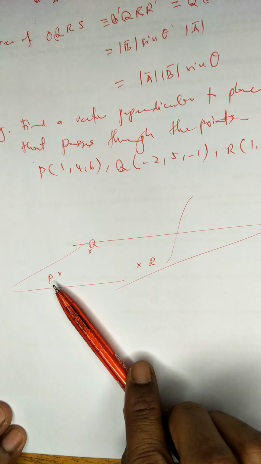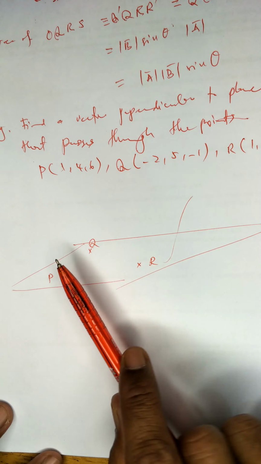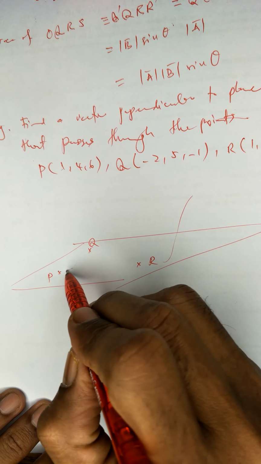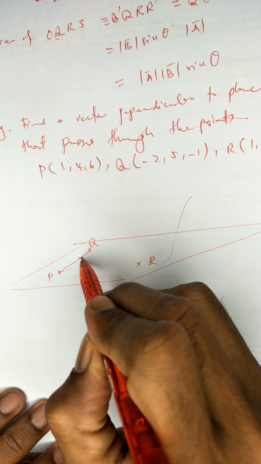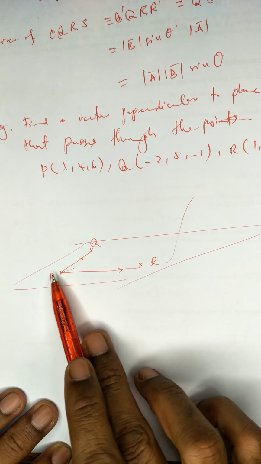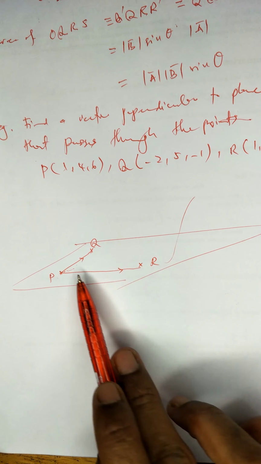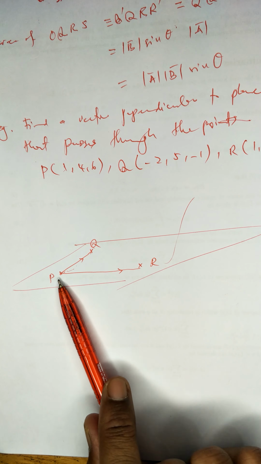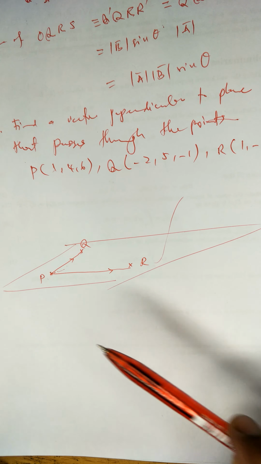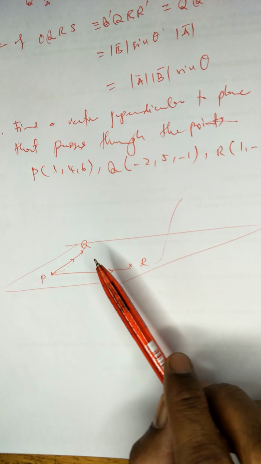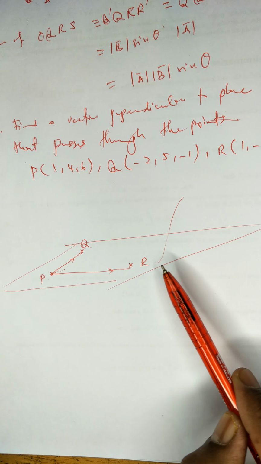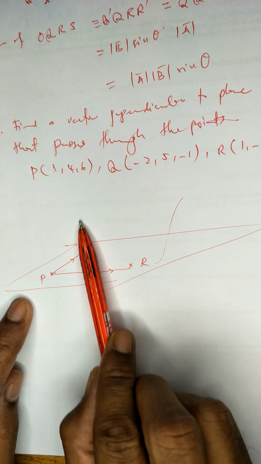From these three points, you are given those three points. Of course, we can form a vector PQ. You can form a vector PR. So having obtained these two vectors, we can just cross these two vectors. We can find the vector that is perpendicular to that. You can also choose QP, QR, multiply these, and you get a vector perpendicular to that.